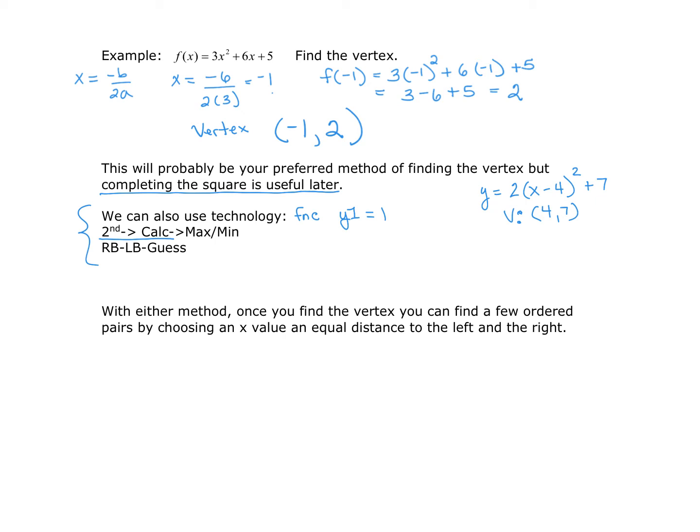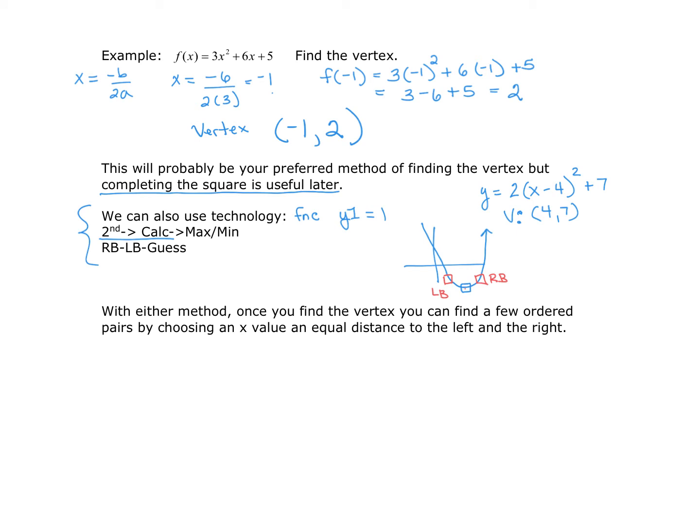And then it's going to ask you for a left bound, a right bound, and then a guess. So, for example, if you have something that looks like this and you want to find this low point, you would choose min, and then you would put something to the left, something to the right. You would hit enter when you get your cursor, and then you move it to where you think it is, and then hit enter.